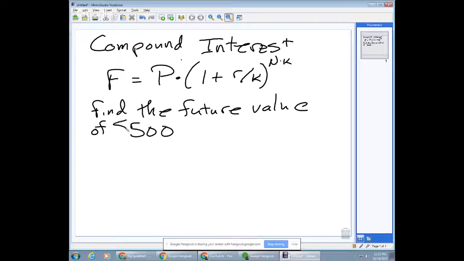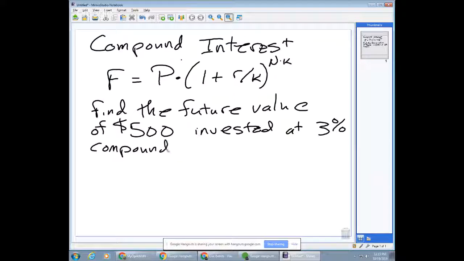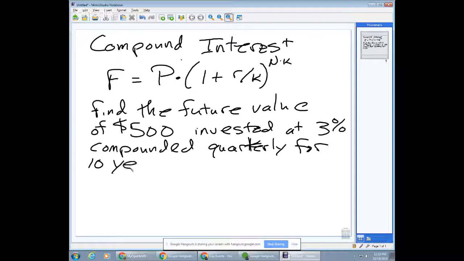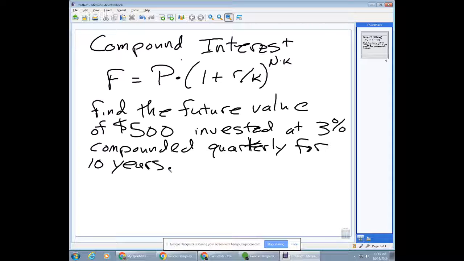So let's say we invest $500 invested at, let's say 3% compounded quarterly for 10 years. So we want to deposit $500, 3%. We don't get it monthly, we get it quarterly, and it's going to happen for 10 years.